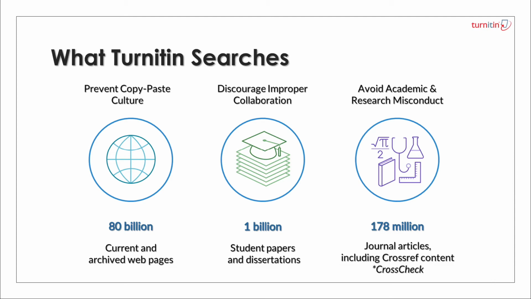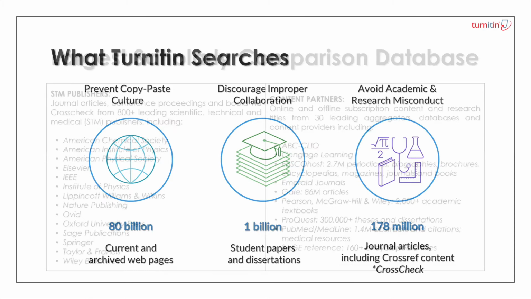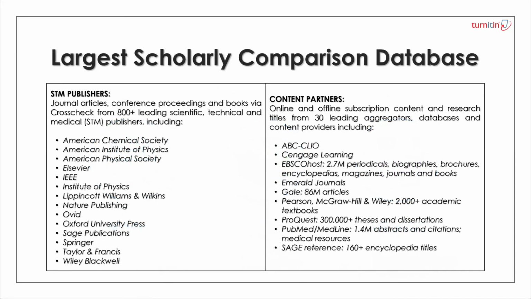Okay, and then the third one, which makes Turnitin very special: millions of publishers' content. Okay, all the journal articles. Okay, the Crossref here is the latest partnership, so Turnitin has the largest scholarly comparison database. Okay, from STM publishers, for example Elsevier, IEEE, Sage, Springer, Taylor and Francis, Wiley.